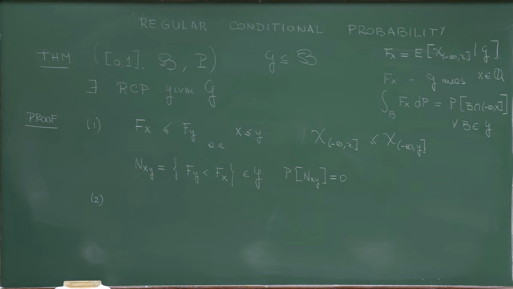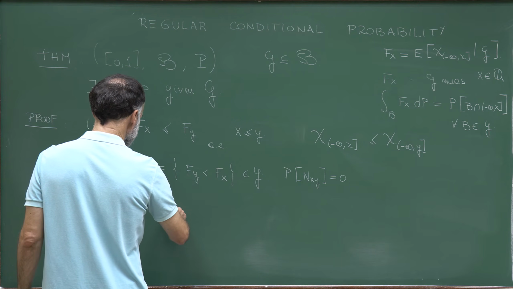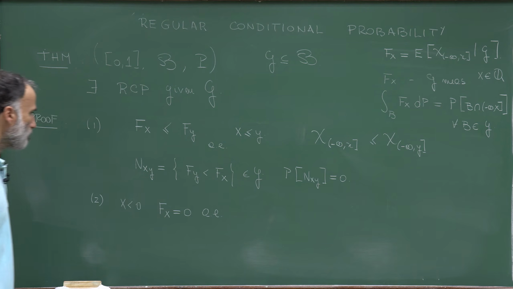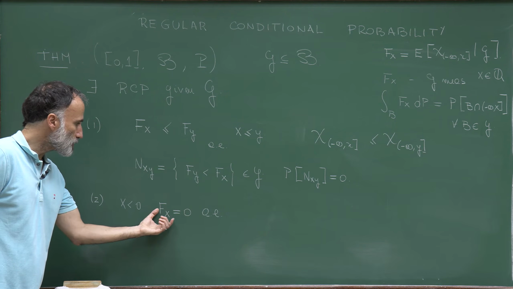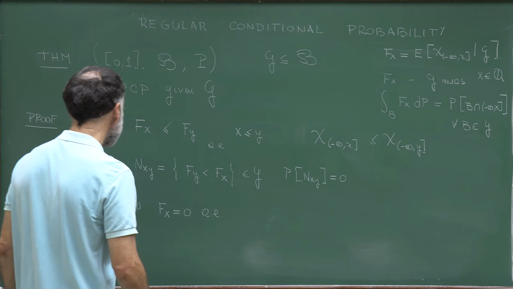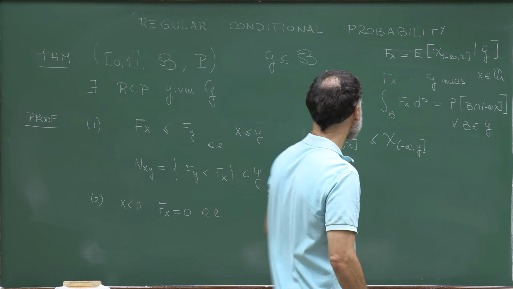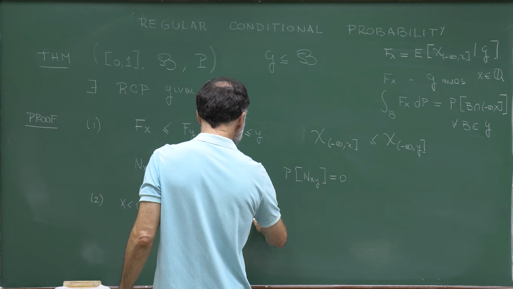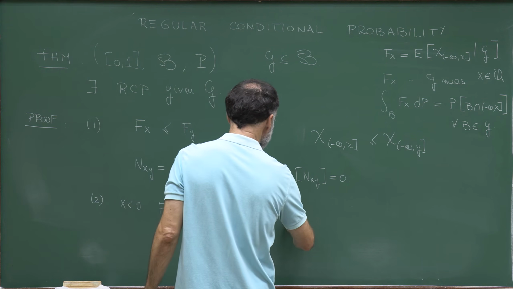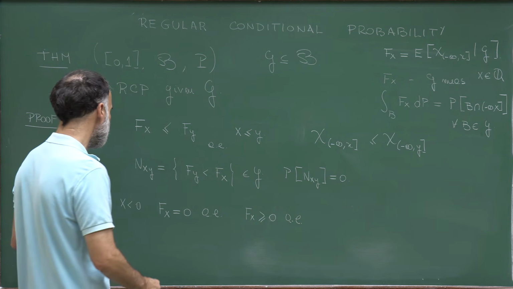My second claim is that if I take x smaller than 0, then f_x is equal to 0 almost everywhere. How do we prove that? Well, since f_x is a conditional expectation of a non-negative random variable, f_x is larger than or equal to 0 almost everywhere. Now let's prove the rest.